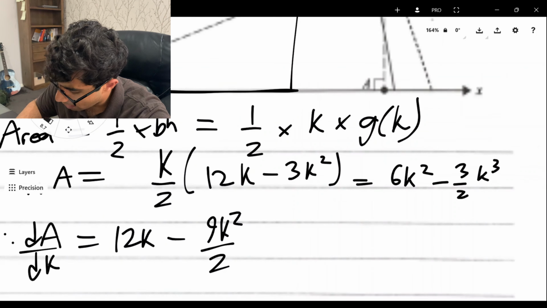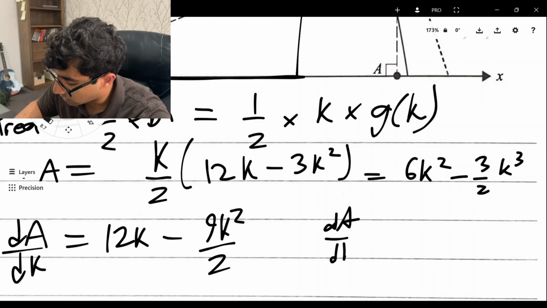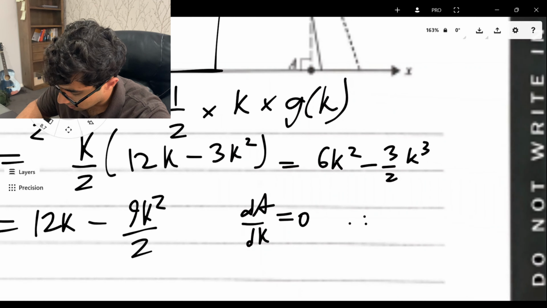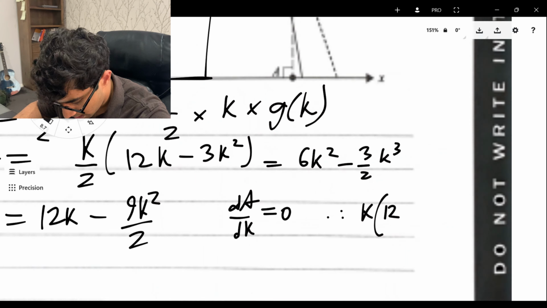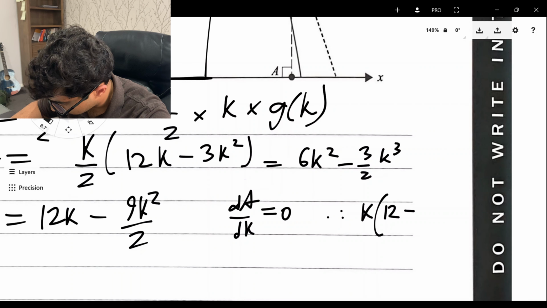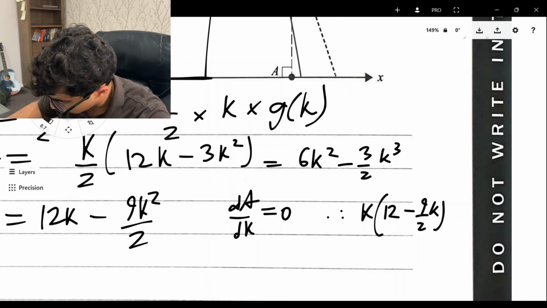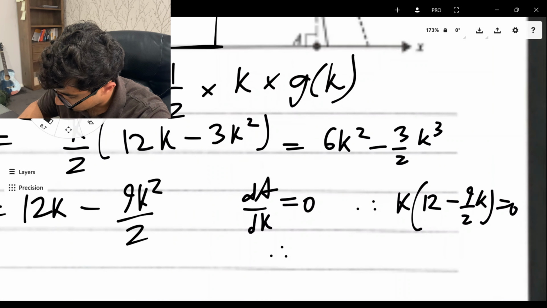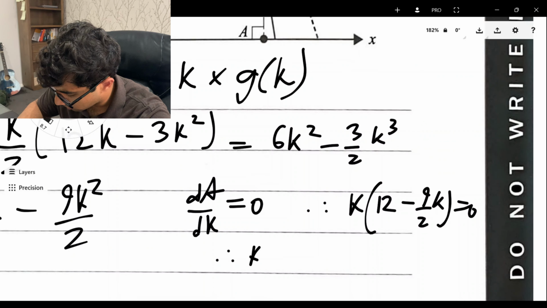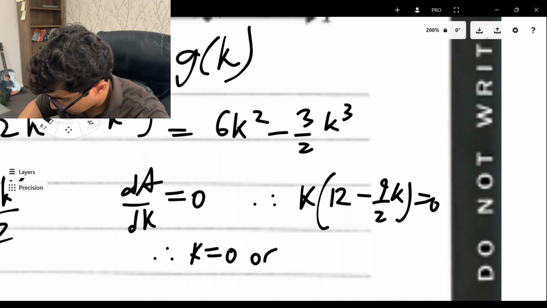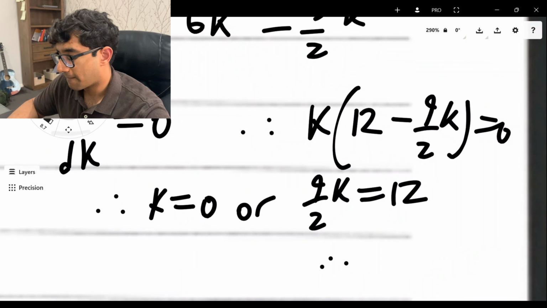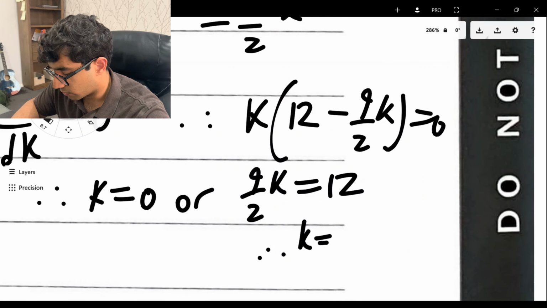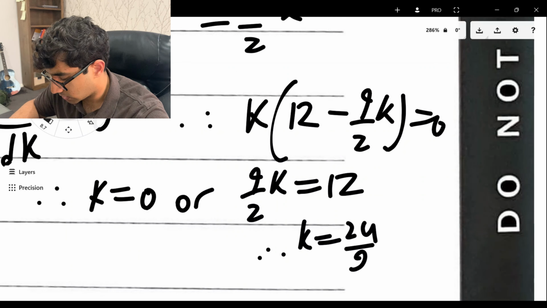Now I want the derivative to equal 0, so 12 minus 9 over 2 k equals 0. Therefore k equals 0 or 9 over 2 k equals 12. It's just solving algebra now. So k can equal 24 over 9, which, if I divide by 3, is 8 over 3.